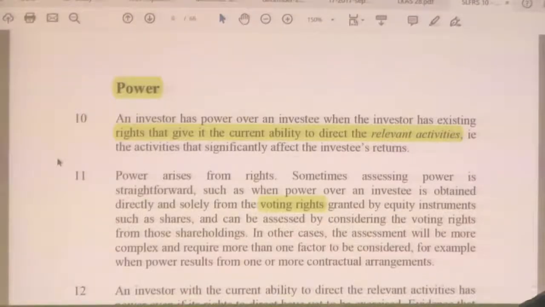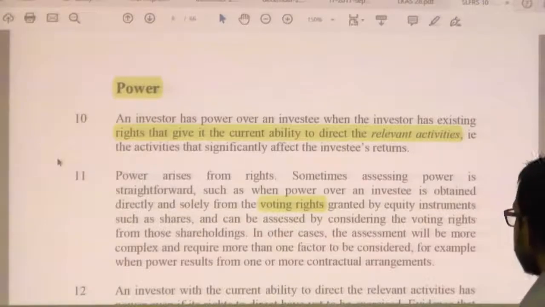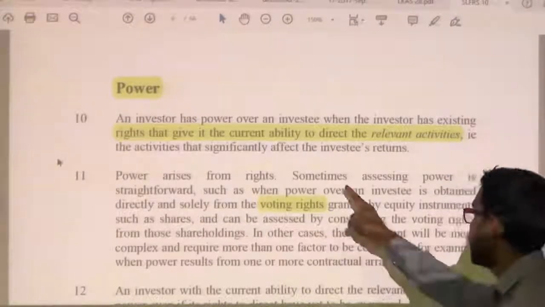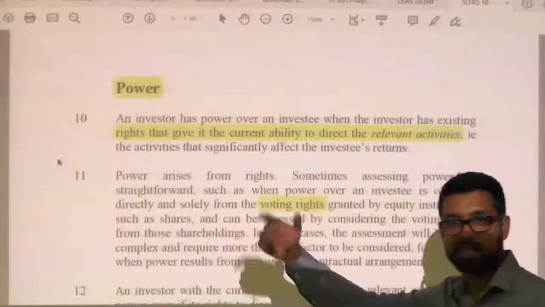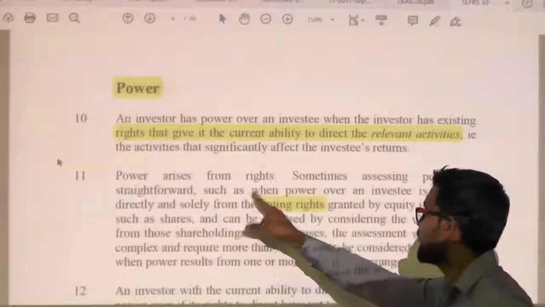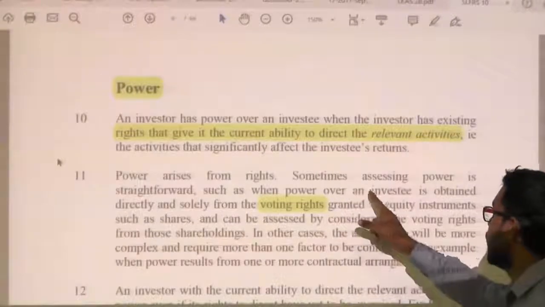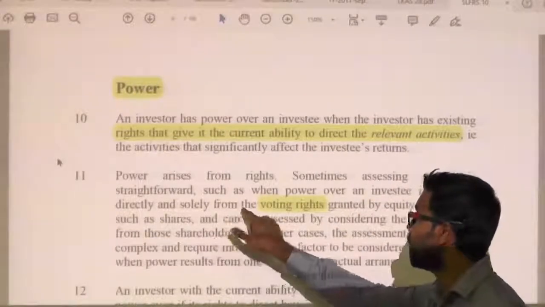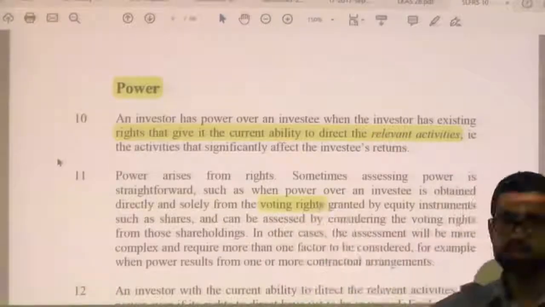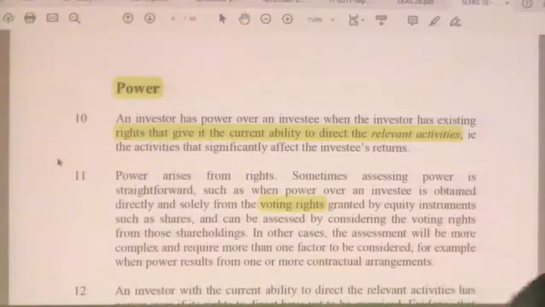Power is not the strength in your body, right? Power arises from rights. Sometimes assessing power is straightforward, such as when power over an investee is obtained directly and solely from voting rights. That's why in my paragraph I have explained that power means voting rights, right?